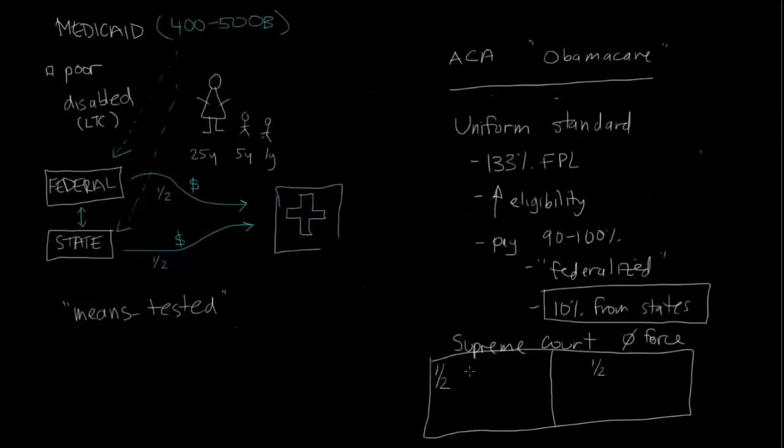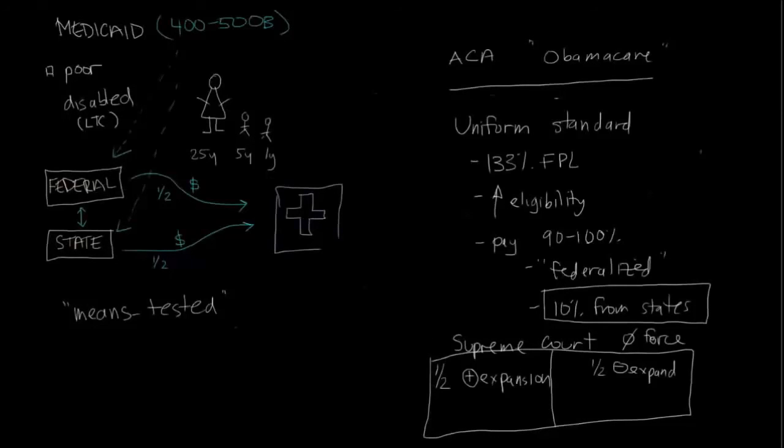This category has accepted expansion, and so in those states, most of the benefits, the extra money from the federal government will come through over time. This other half of states have chosen not to expand. And so in those states, Medicaid will continue pretty much as it always has, with the federal government giving some money and the states deciding who they're going to allow to get onto Medicaid.